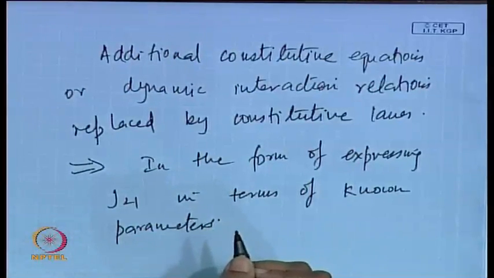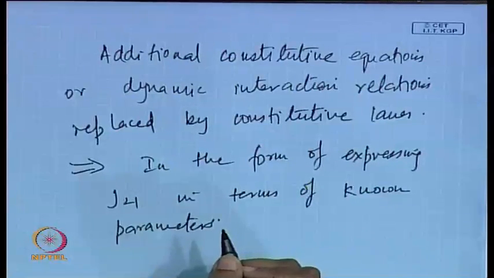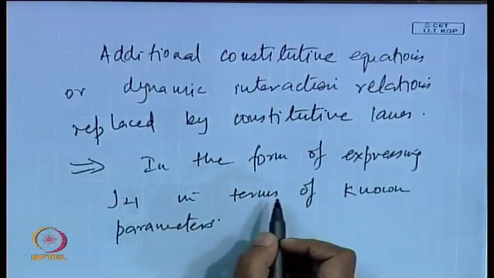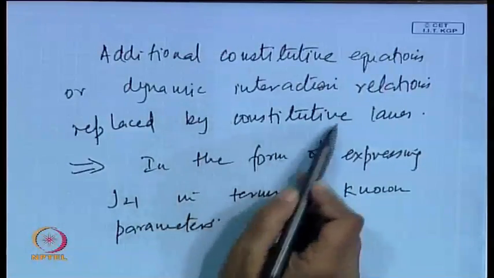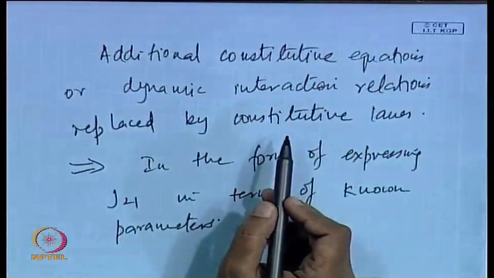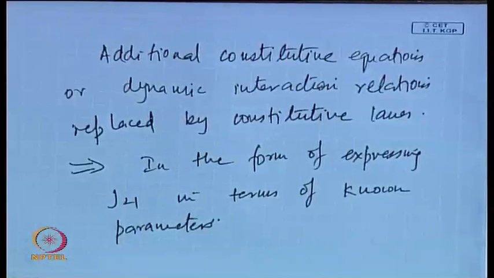So, this will naturally be our approach: the constitutive laws which will be used will be in terms of expressing J21, and it has to be expressed in terms of known input parameters.